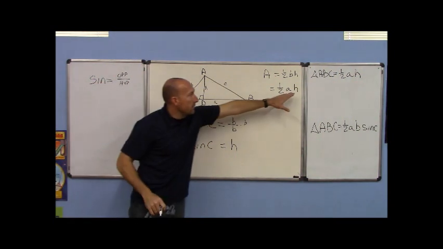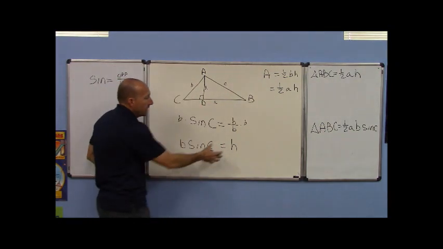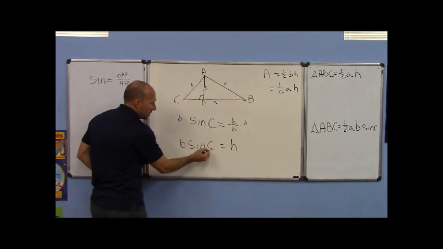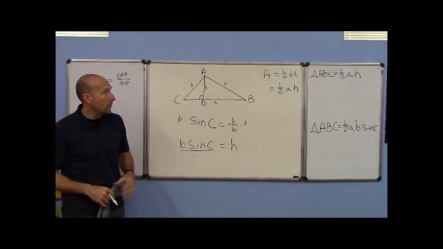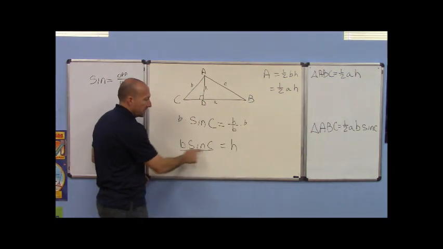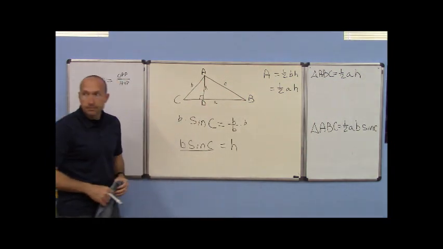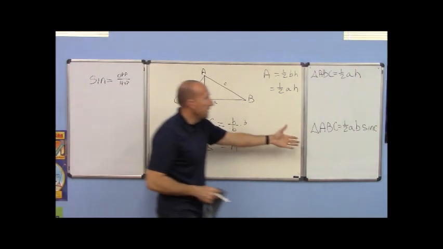Well, here we've used H to find the area. Now we can substitute this information here for H. We can take out H, completely remove it, and plug in this information here. Does that make sense? And that's how we're getting here.